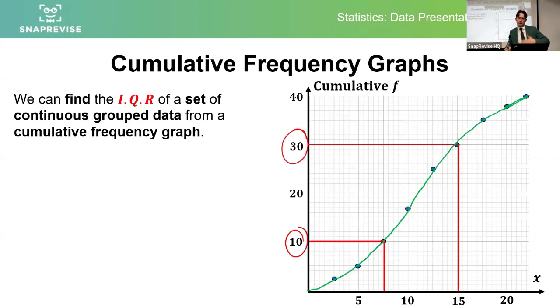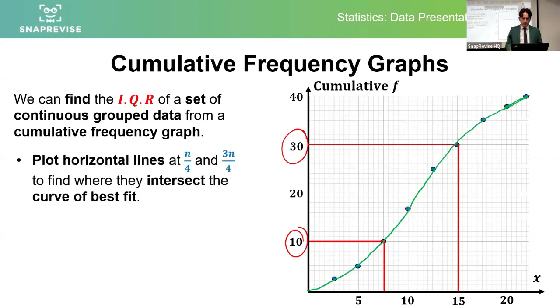So a quarter of the way through and 3/4 of the way through. Notice this is the thing I mentioned earlier: you don't add the 1 or anything because it's grouped continuous data. You literally cut it like a cake. 40 bits of data all mushed together. The median's at 20, the lower quartile at 10, the upper quartile at 30. So N is 40.